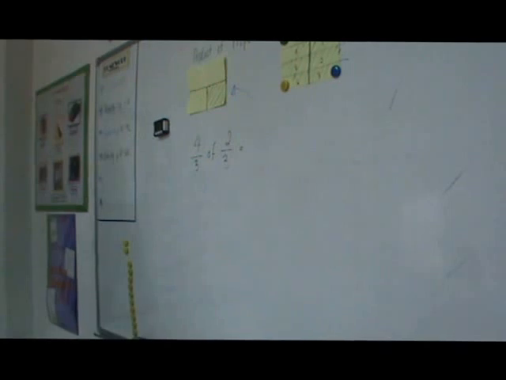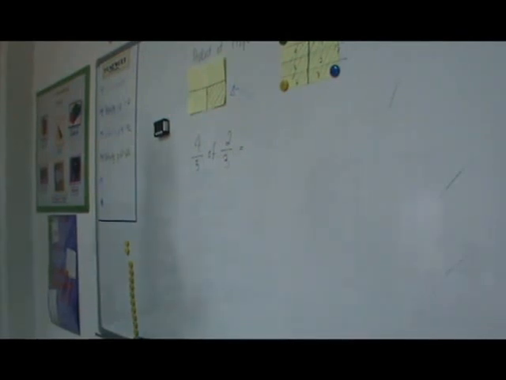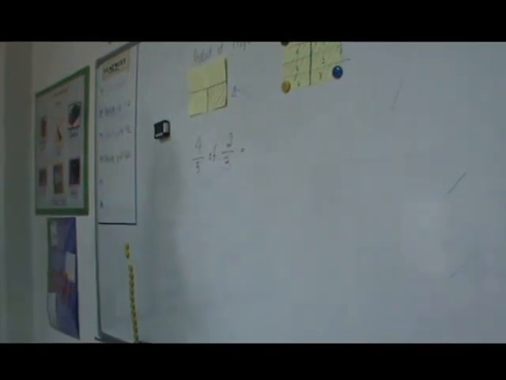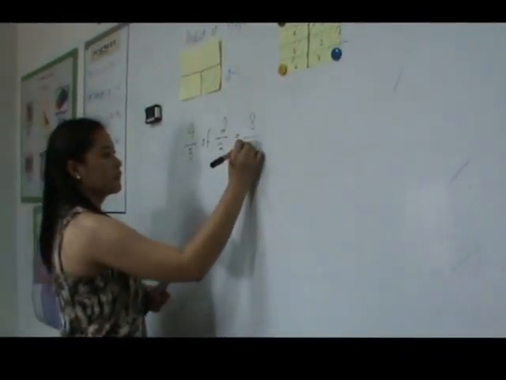Numerator, 8; denominator, 15. So 8 over 15. Do you need to do it in simplest form? No. How did I get 8 out of 15? You times the 4 and the 2, and then you times 5 by 3.